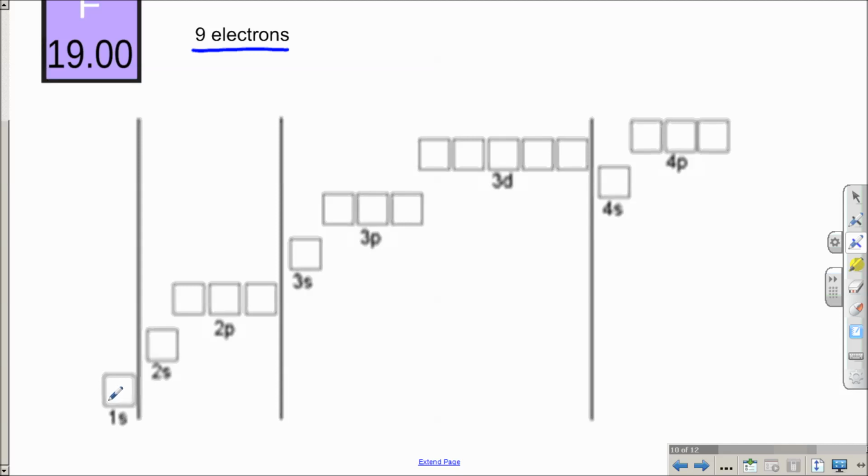Again, starting by placing electrons in the lowest energy, 1, 2, 3, 4, 5, 6, 7, 8, and 9. And again, you don't have a choice in how you place these last arrows here in the 2p orbitals. They need to be spread out as much as possible first, and only then do you go back and overlap. So there are our 9 arrows for fluorine.